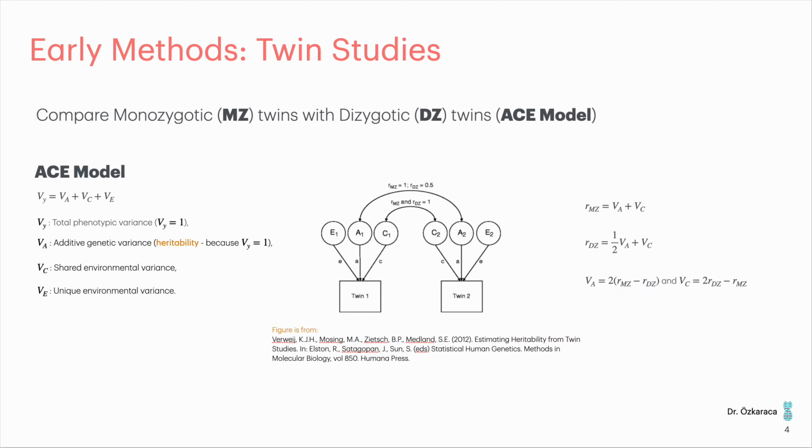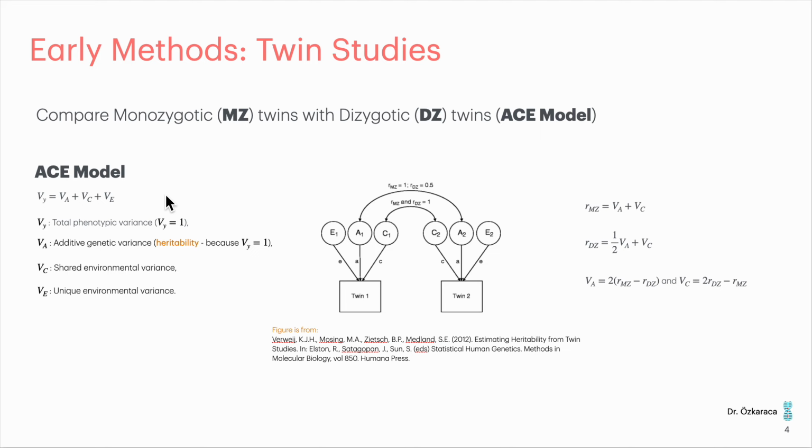Let's explore the initial methods used to measure the heritability of traits. Historically, these methods were primarily based on studies involving twins. As shown in the model on the left, commonly referred to as the ACE model in the literature, heritability can be estimated by analyzing the genetic correlation between monozygotic or identical twins and dizygotic or fraternal twins.